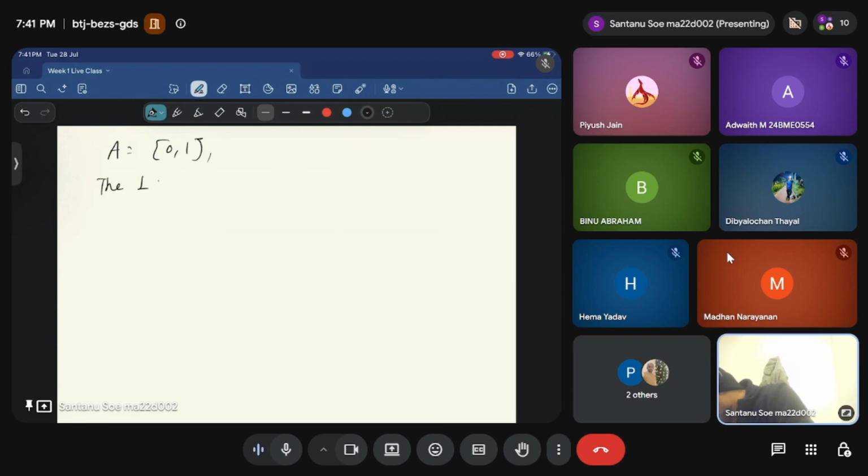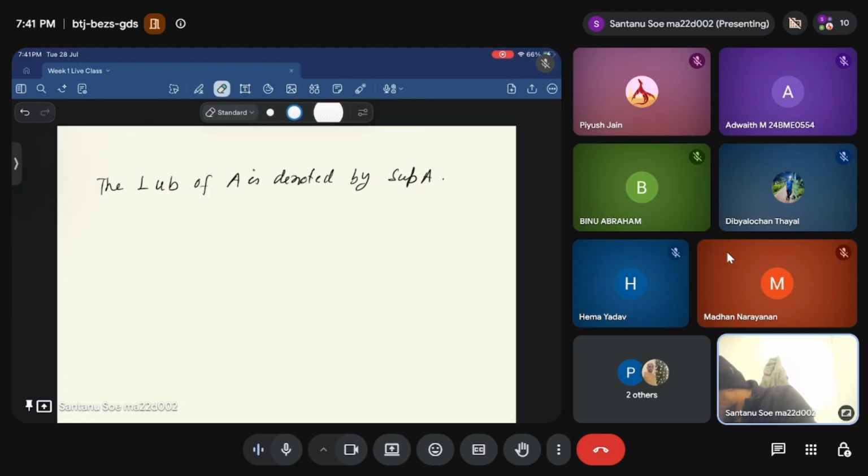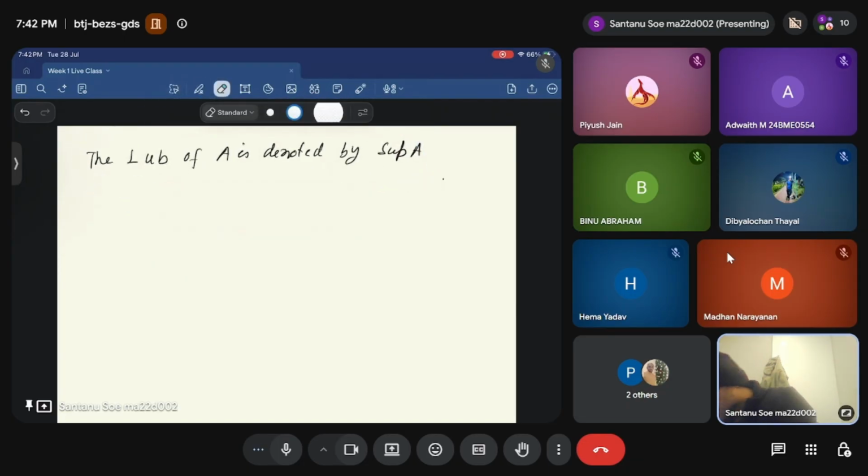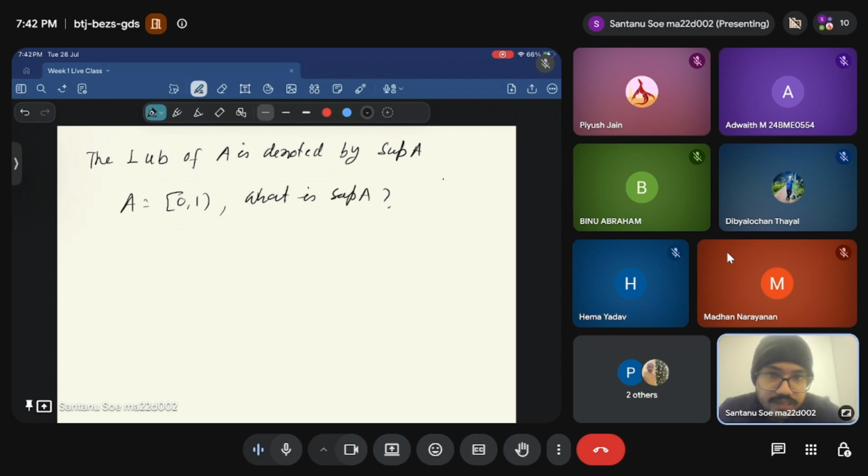The LUB of A is denoted by supremum of A. So for this set A equals closed 0, open 1, what is the supremum of A? It is easy to say the answer immediately, but if I ask you why, then it should be properly explained. So can you tell me what the supremum is and why that element is the supremum?